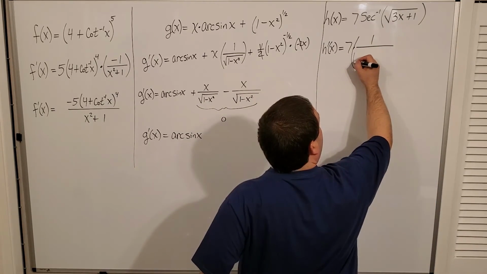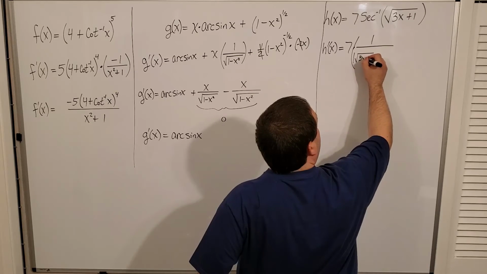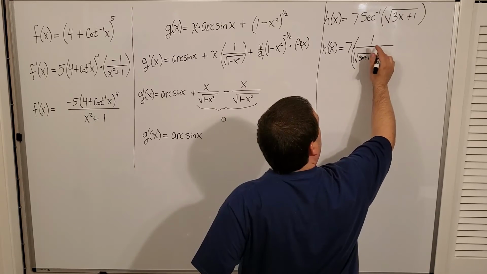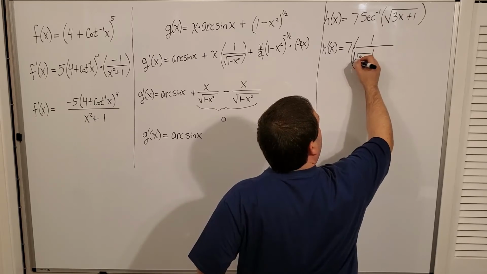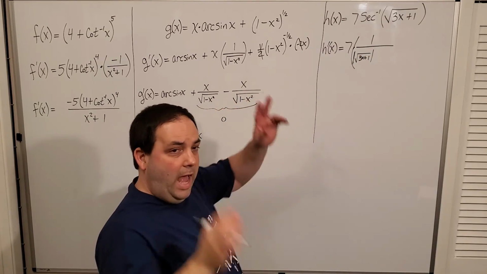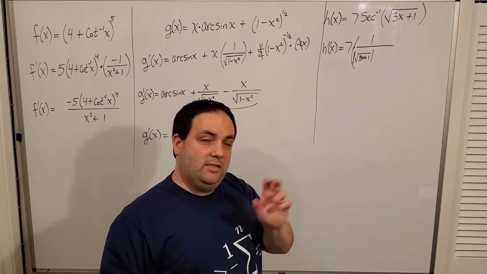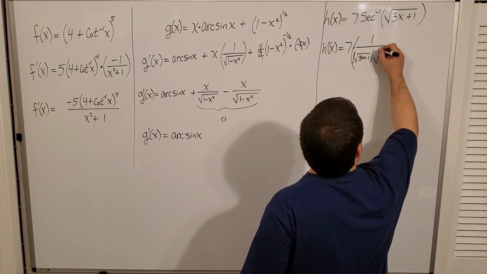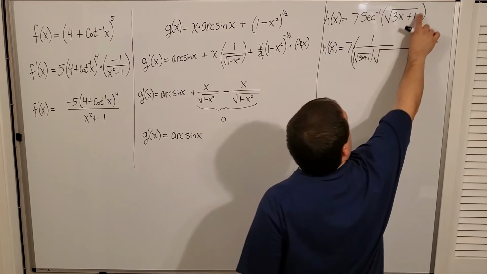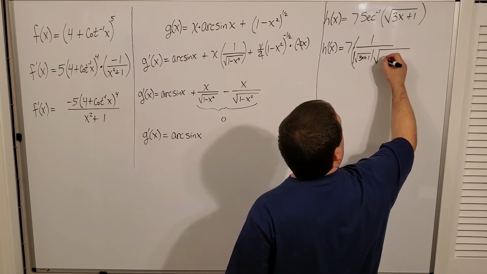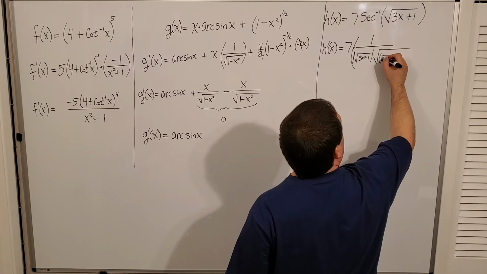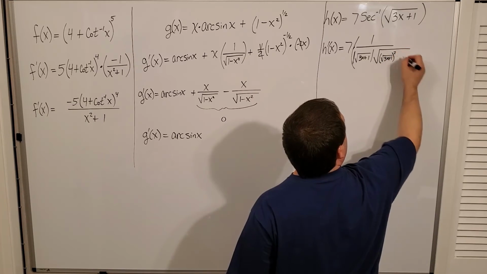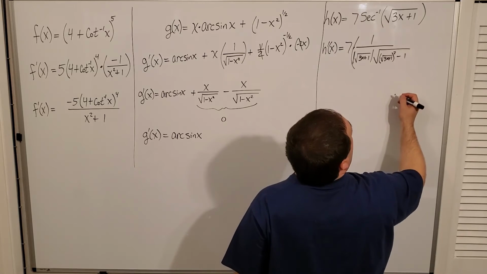But I'll write it for the first step here, like this. Okay, so there's the absolute value of the x, the thing that's on the inside, times the square root of the thing on the inside squared. Okay, so that's square root of 3x plus 1 squared minus 1.